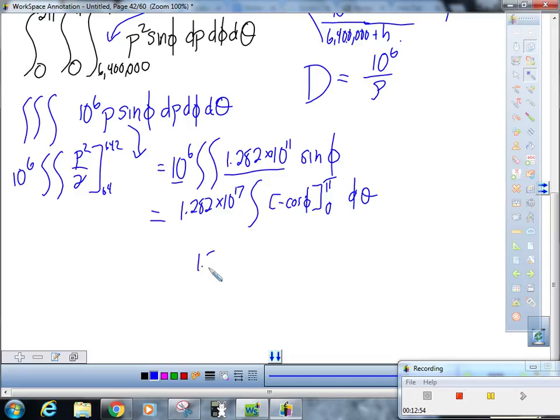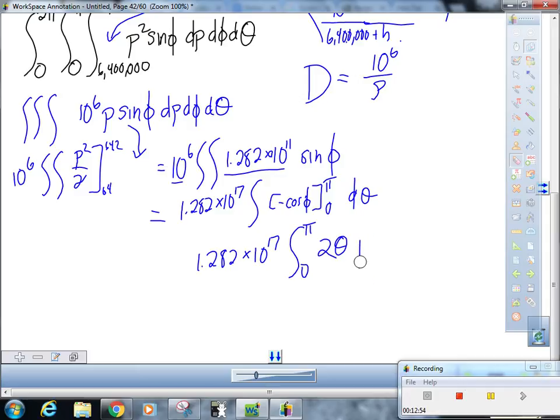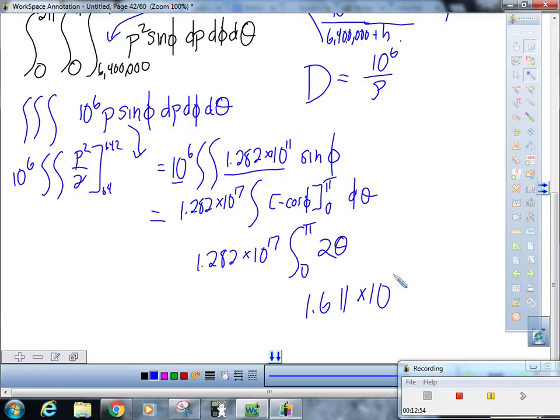So you get 1.282 times 10 to the 17th times the integral from 0 to 2 pi of 2 d theta.